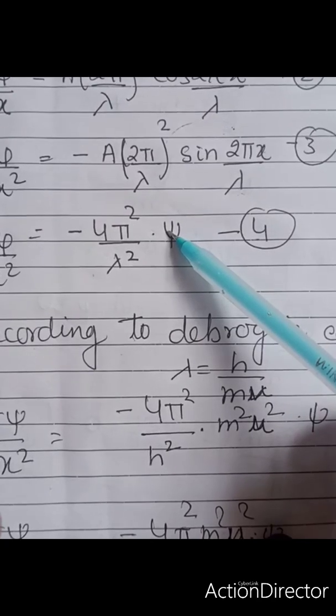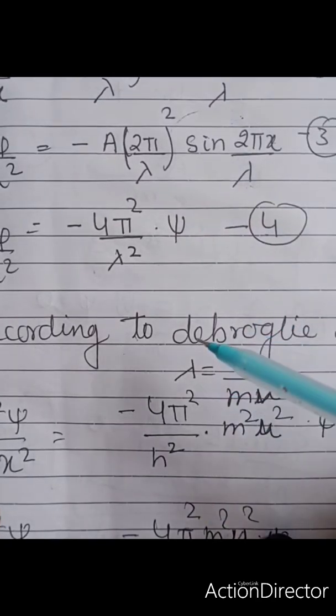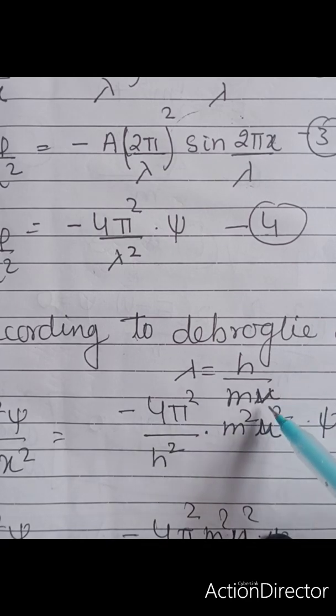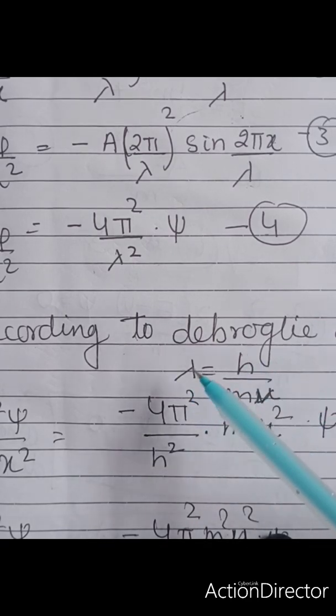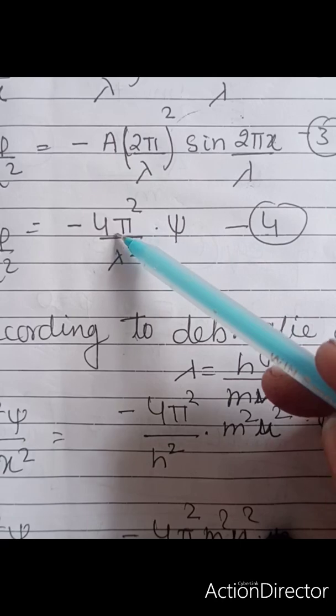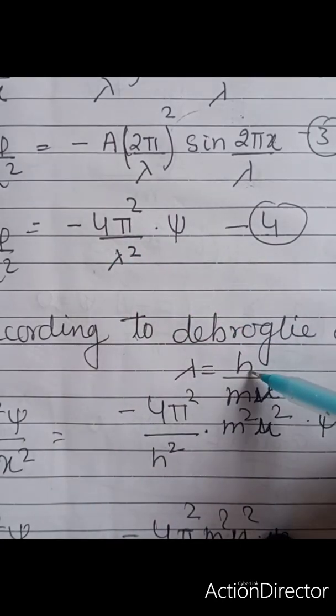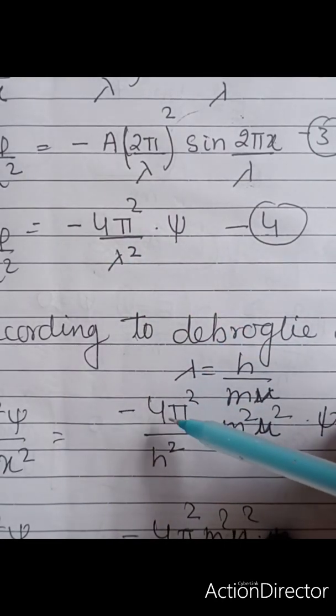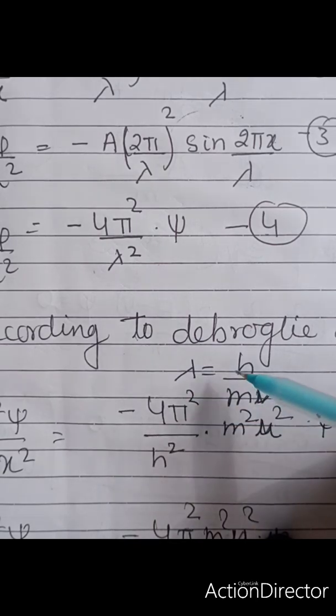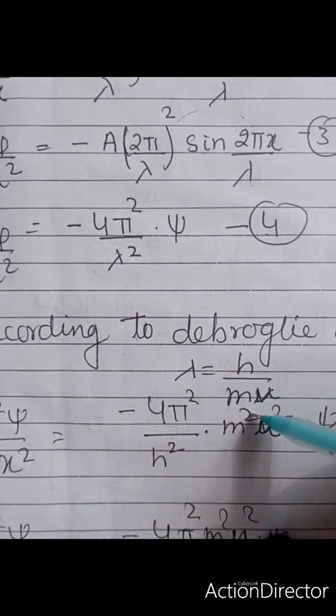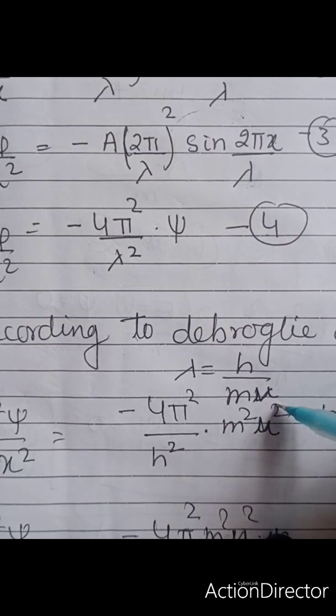Now according to de Broglie's equation, λ is equal to h upon mu, where u is the velocity. So instead of lambda I will be writing this. The equation will become 4π² h², and this will go to the numerator, it will be m²u².